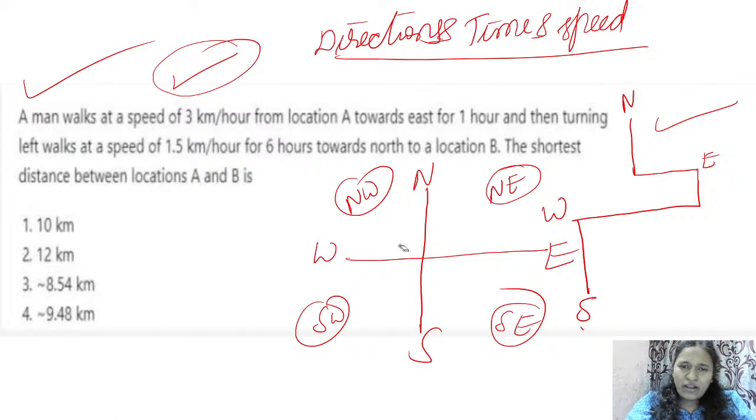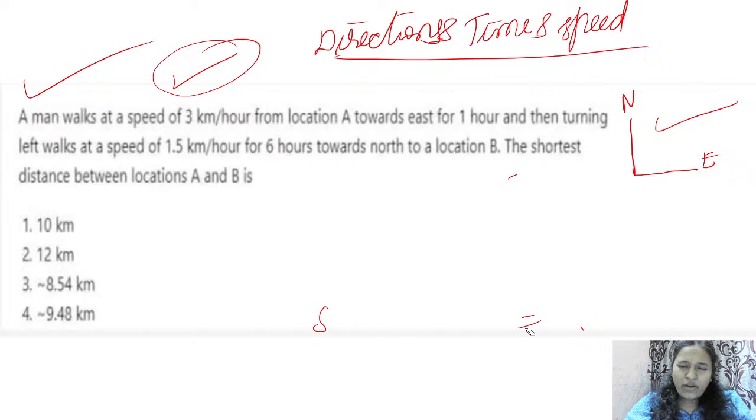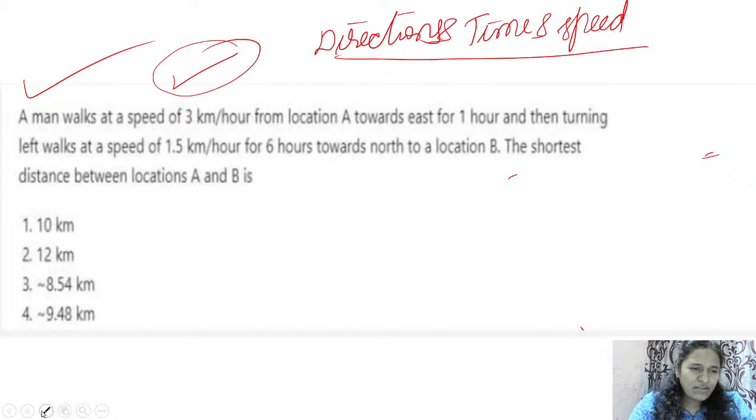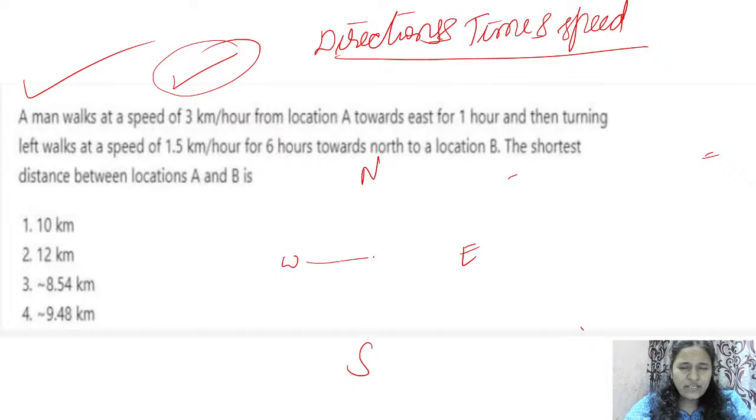I will tell some more concepts about directions here. We will solve some questions in the upcoming classes also. Suppose this is east, west, north, south, right? Suppose I am going from south to north, what is my right side? My right side is actually the same as our right side, and this is our left side.